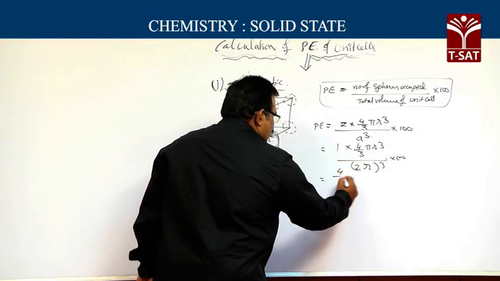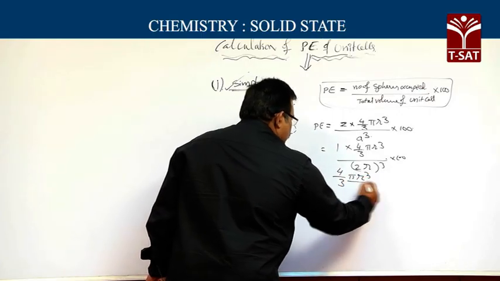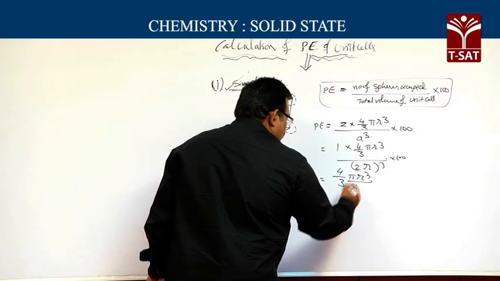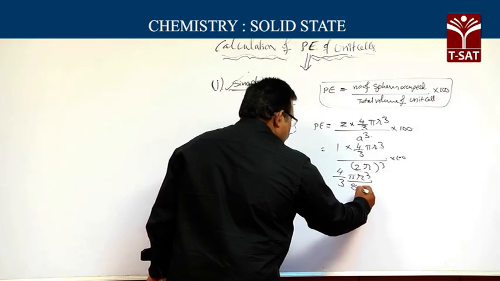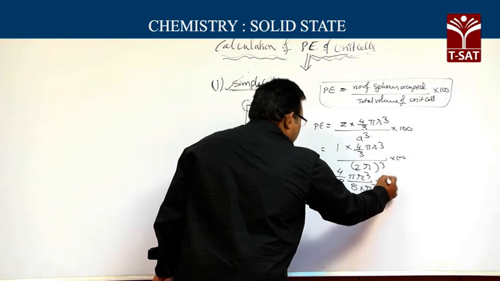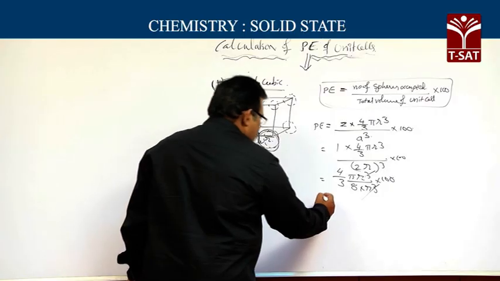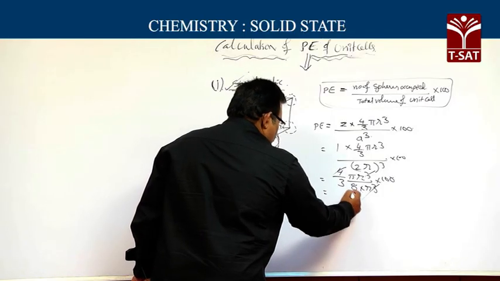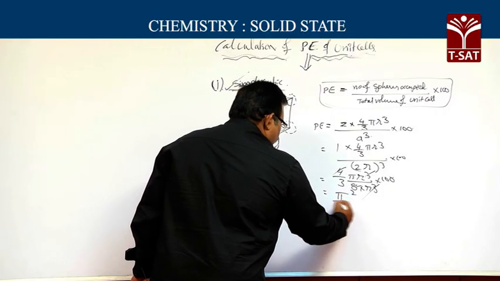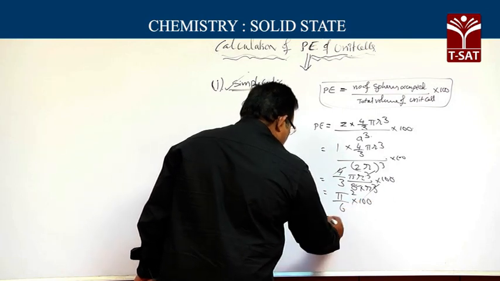Therefore, 4/3 pi r cube by 8 into r cube into 100. r cube cancelled. So, pi by 6 into 100.